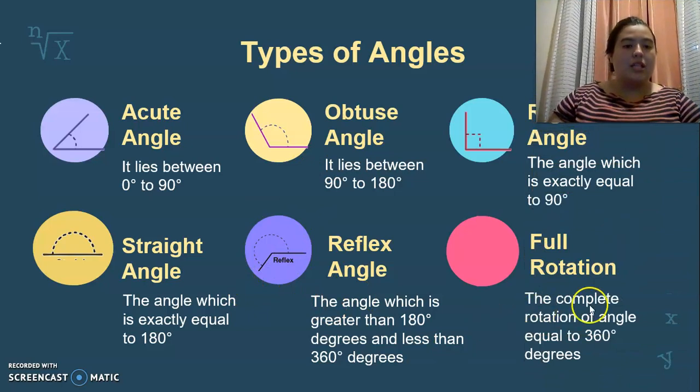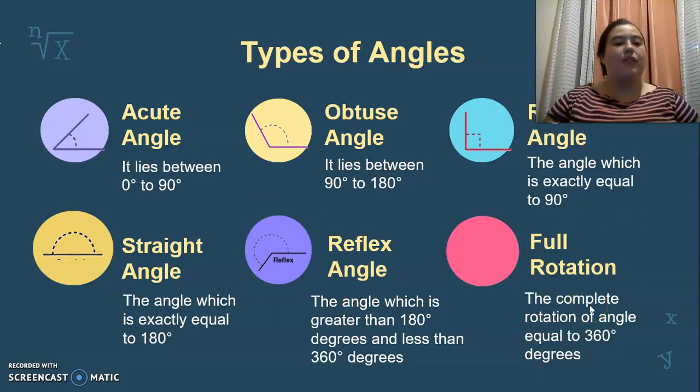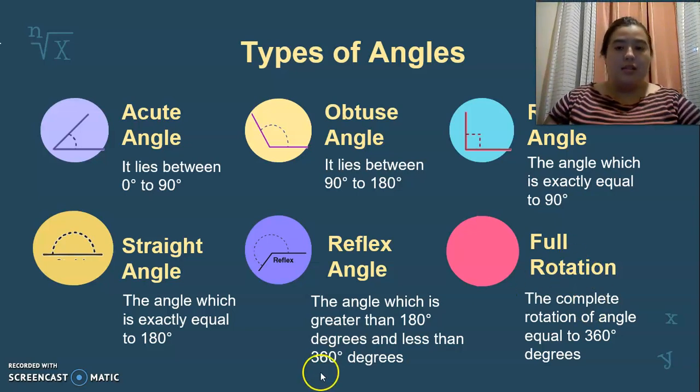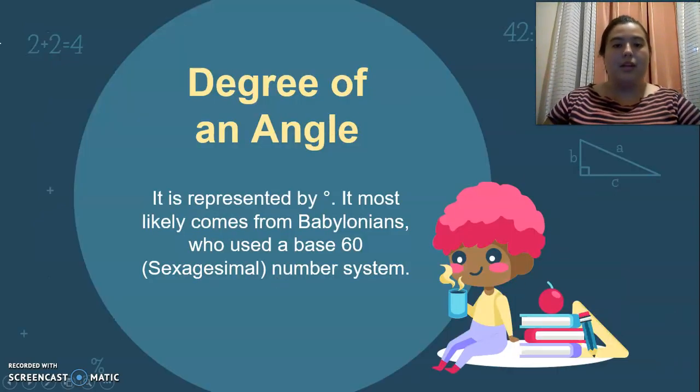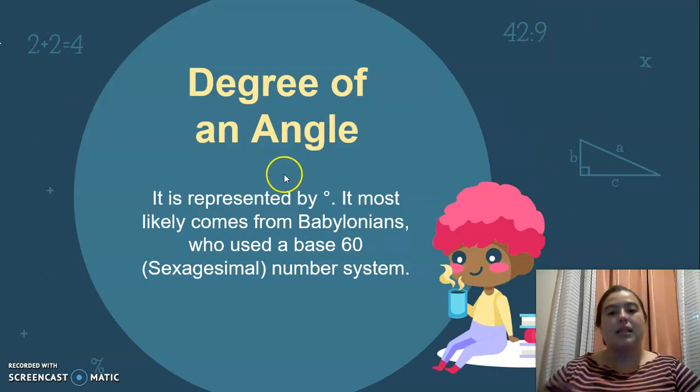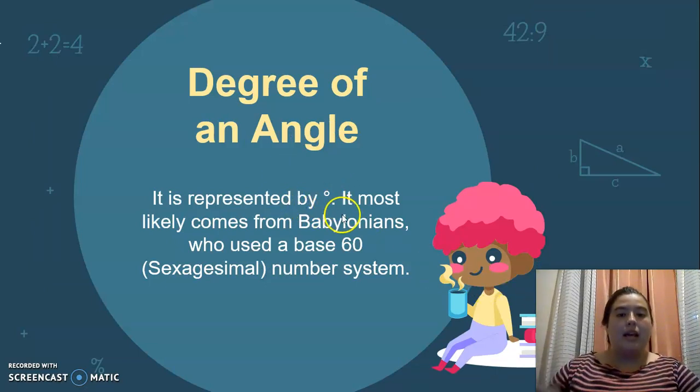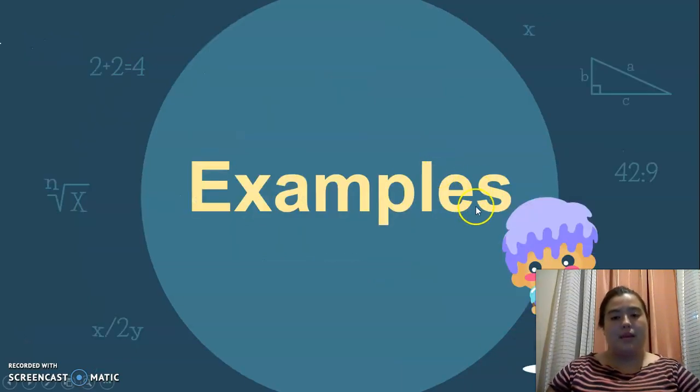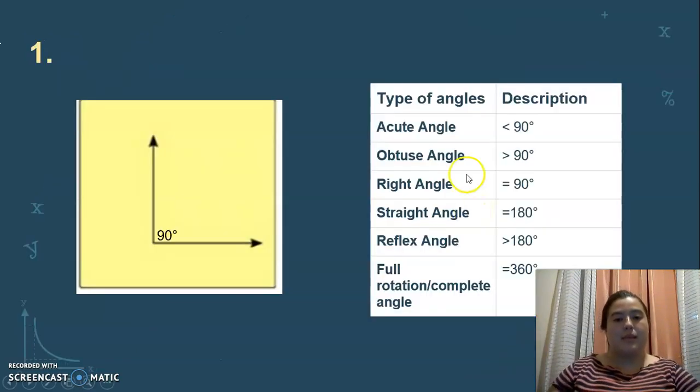And full rotation angle, the complete rotation, equal to 360 degrees. The degree most likely comes from the Babylonians, who used a base 60, sexagesimal number system.